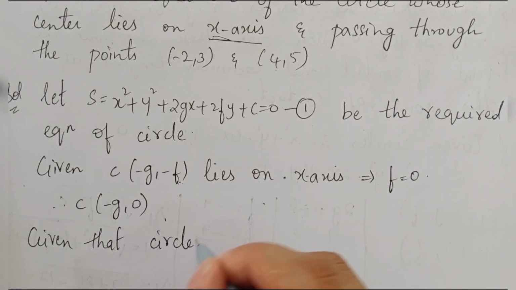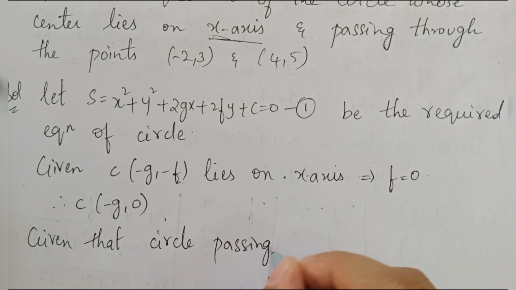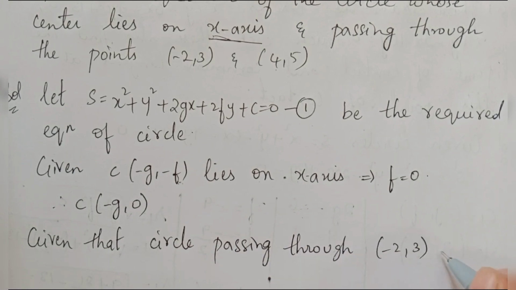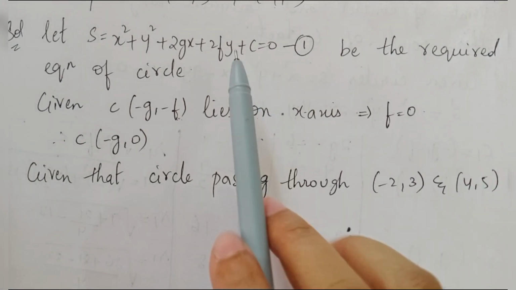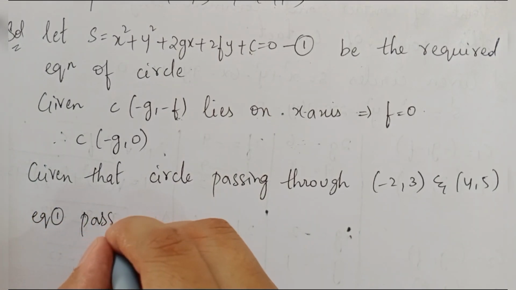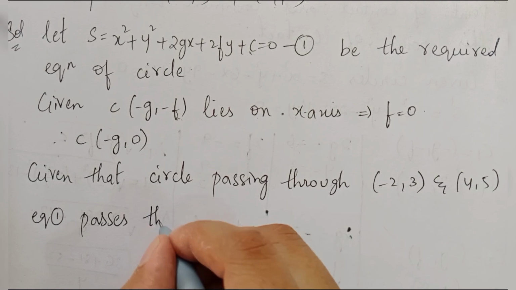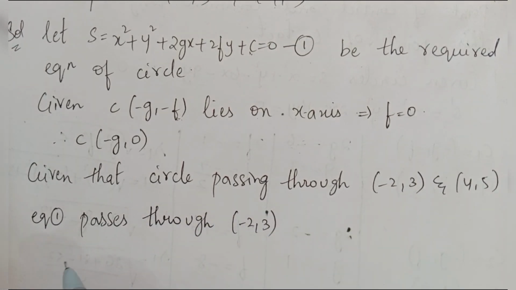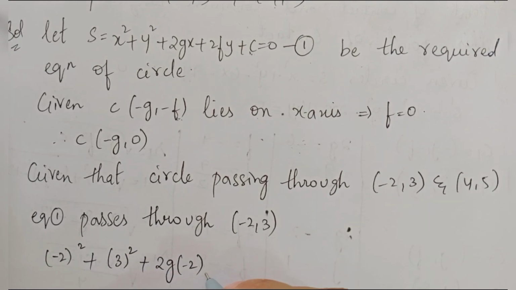And given that the circle passes through the two points (-2, 3) and (4, 5). So these two points satisfy equation 1. Equation 1 passes through (-2, 3). If we substitute in 1, we get (-2)² + 3² + 2g(-2) + 0 + c = 0.